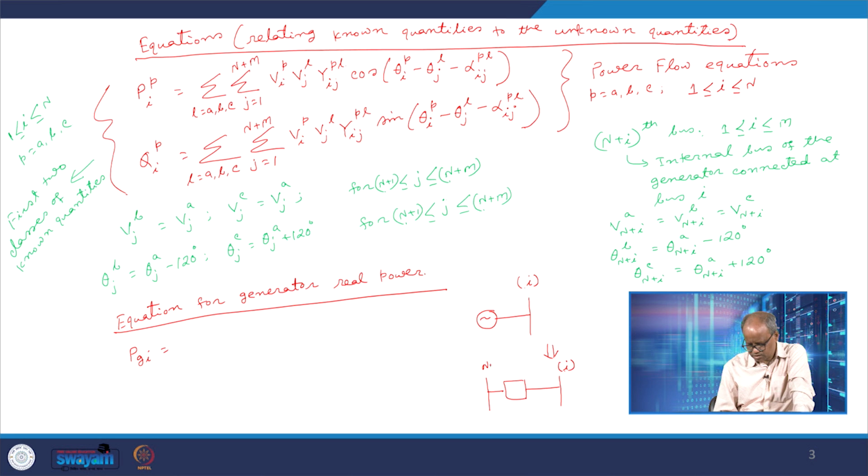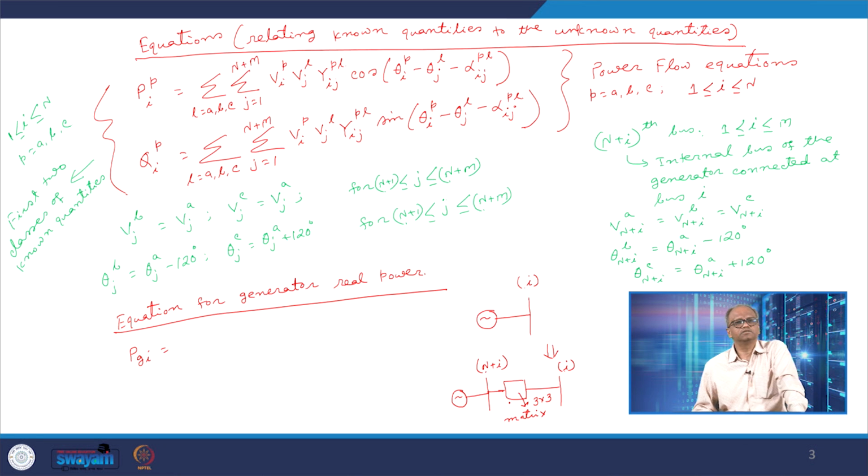So, this is bus n plus I, right? And we say that this generator is now connected here. And this is the 3 cross 3 matrix, and how to get this matrix, that also we have discussed. So, we are not repeating it.